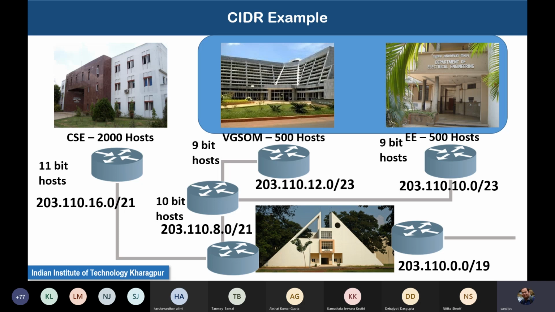To do 8 subnets, I need 4 bits for the subnet part, and to support 500 hosts, I need 9 bits for the host part. So 9 plus 4 is 13 bits, and I have 13 bits left here, so I can do it in that way.